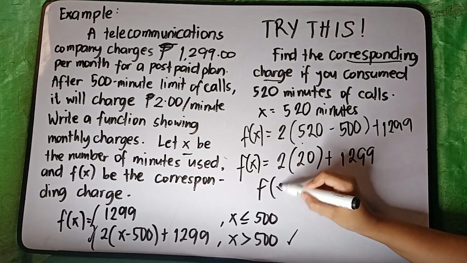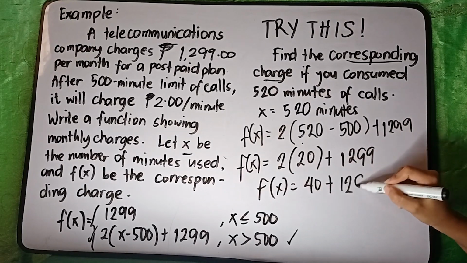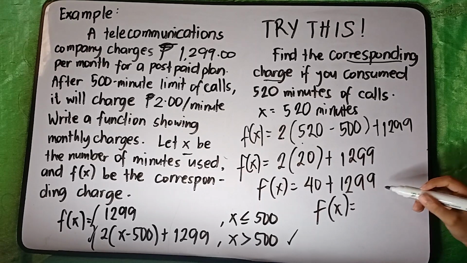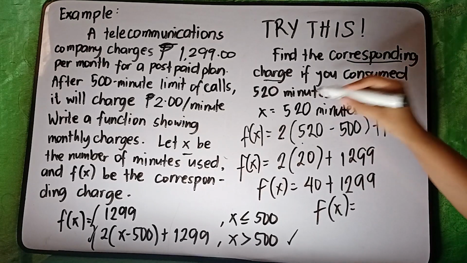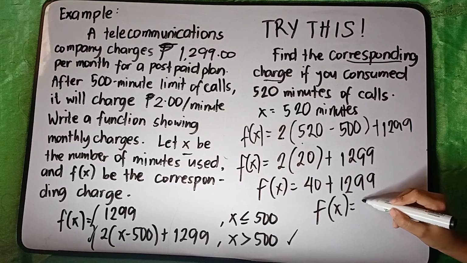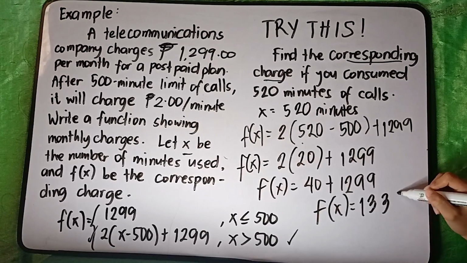So your corresponding charge is equal to 40 plus 1,299. So the final answer, your monthly charge for 520 minutes of calls will be 1,339.